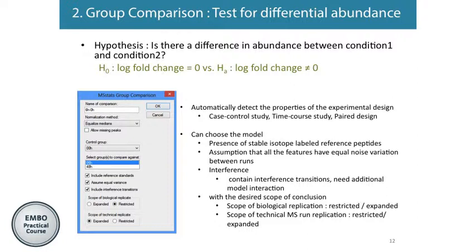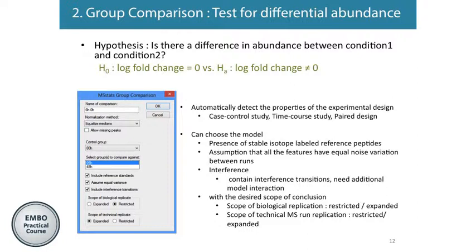The scope of biological replicate and the scope of technical replicate are also very important. For scope, we have two options: one is expanded and the other is restricted. Restricted means our conclusion is restricted to these specific samples.